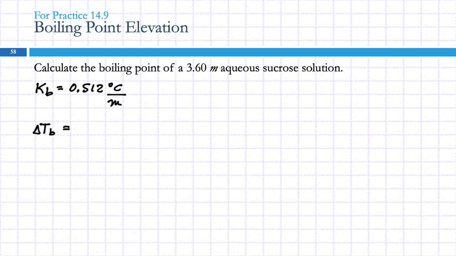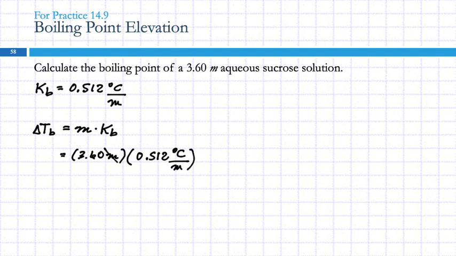So the change in the boiling point is going to equal the molality times the boiling point elevation constant. They told us what the molality was, 3.60 molal. We're going to multiply by our constant, degrees Celsius per molal. The molals cancel out.